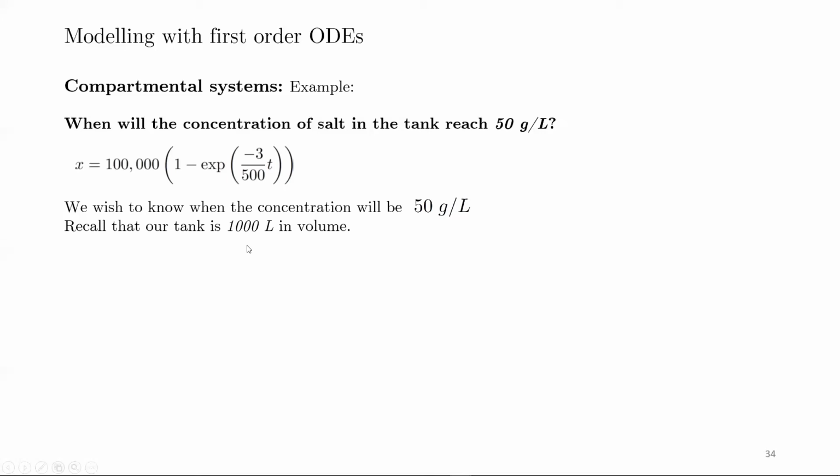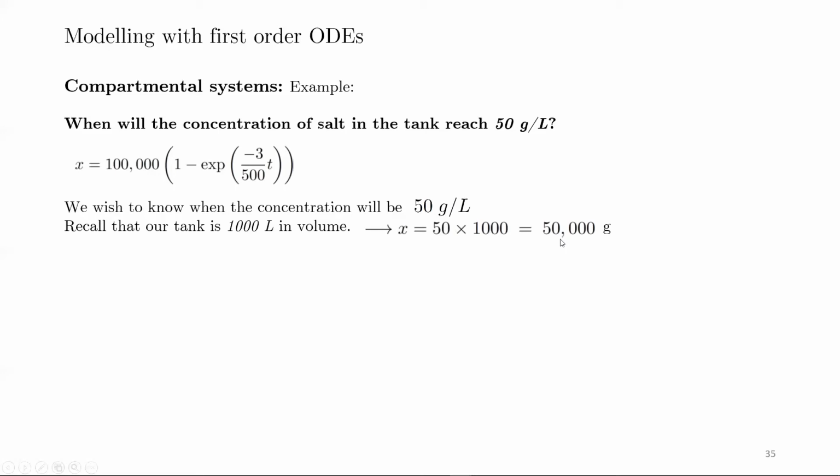Okay, so how much mass do we need in our tank for our concentration to be 50 grams per litre if we have a 1,000 litre tank? Well, quite simply, x is going to have to be 50 times 1,000 then. 50,000 grams. Okay, turn that to kilograms if you like, 50 kilos of salt.